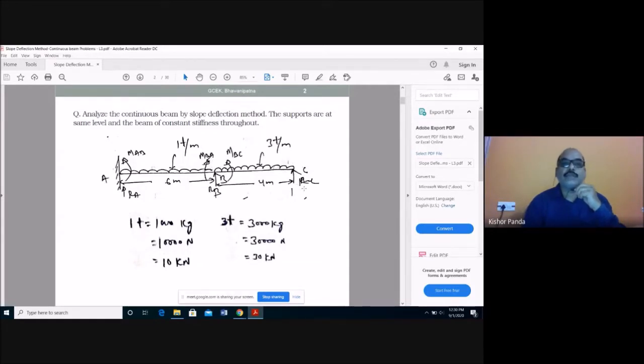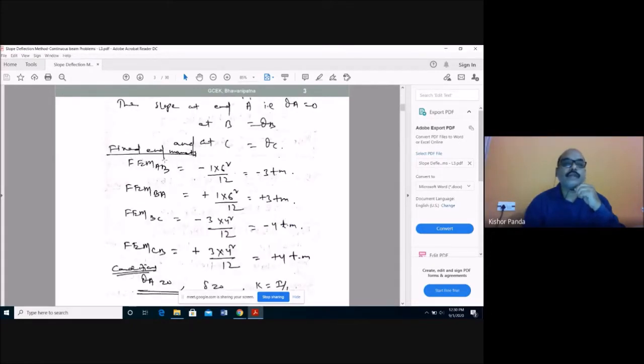Then after getting theta B and theta C, you can find the final moments. And here there is no deflection, no settlement of any support. So delta is equal to 0 because all supports are at the same level.